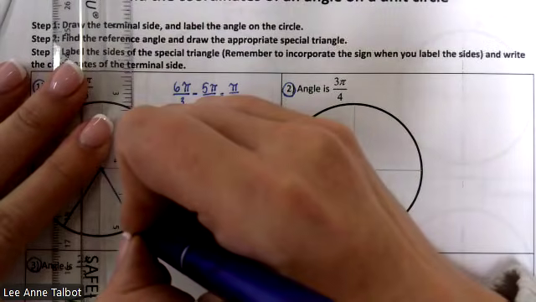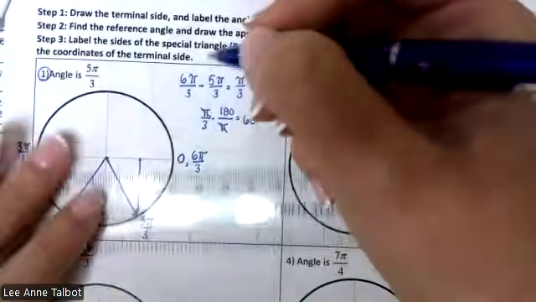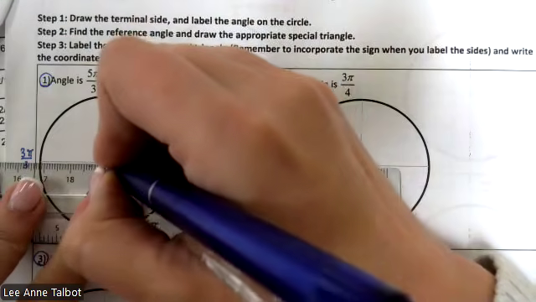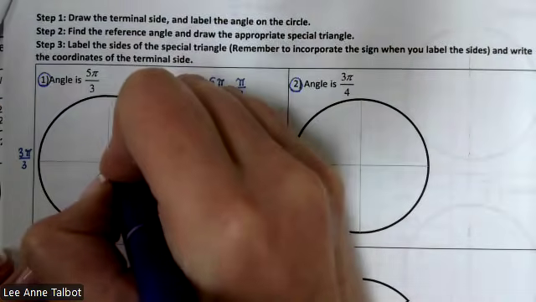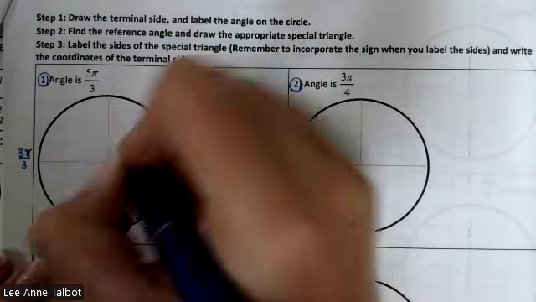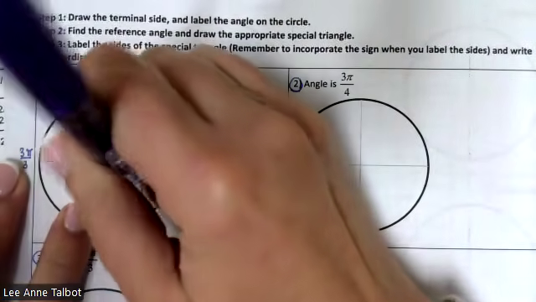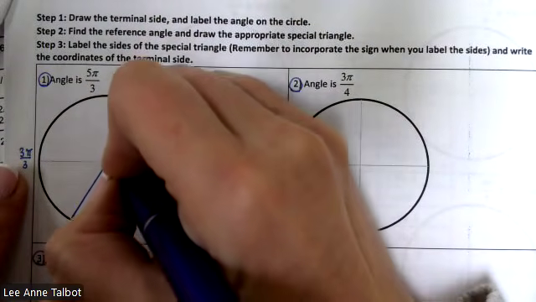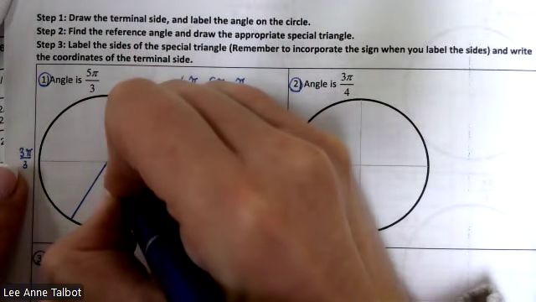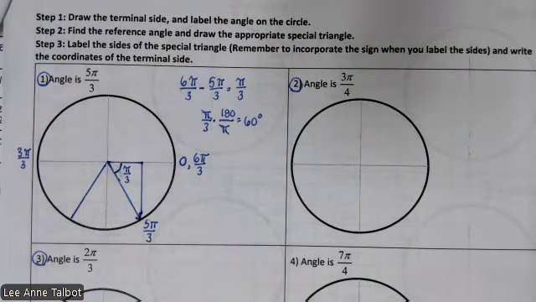Okay, now make the triangle. Made that ugly. Okay, I labeled my reference angle in there.